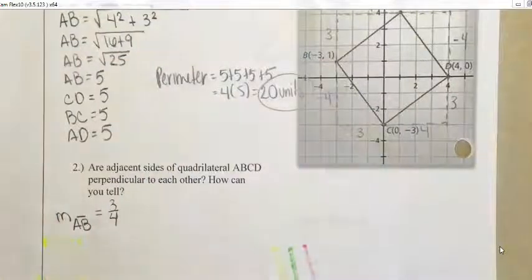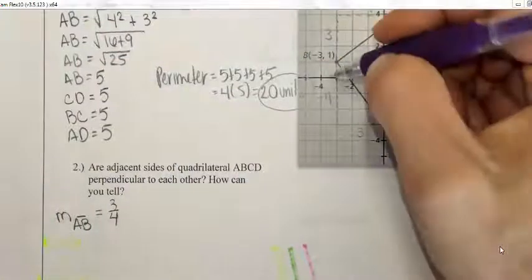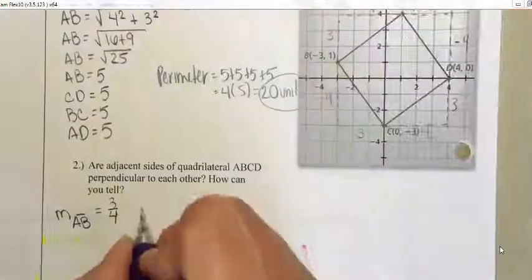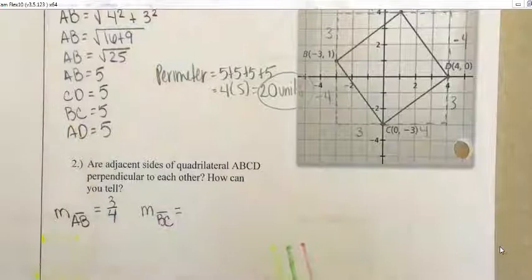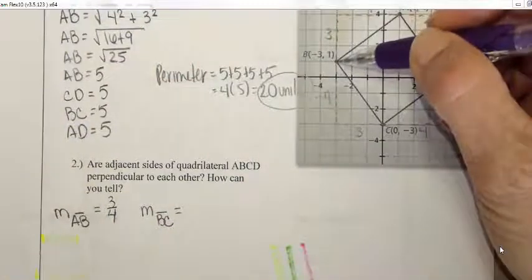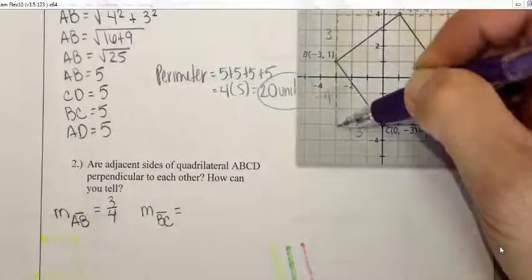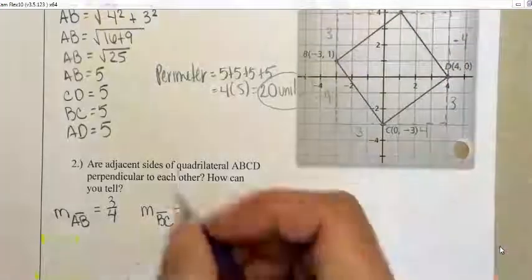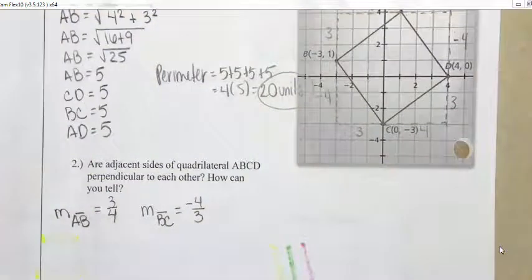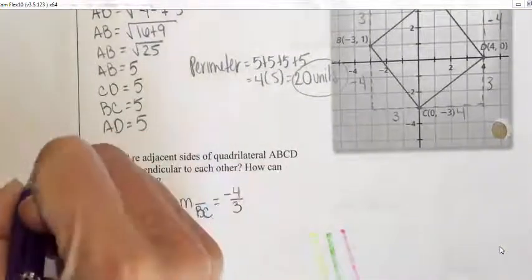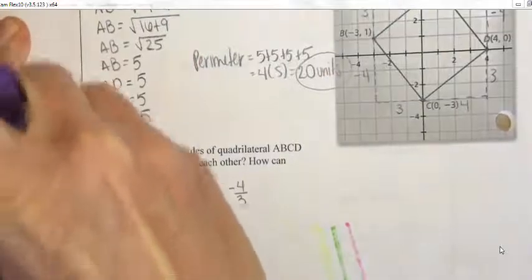Now the adjacent side to this segment is BC. So let's find the slope of segment BC. Well, our rise now is -4 and our run is 3. So it's -4 over 3. Just as a reminder, let me write that a little bit more to the left.